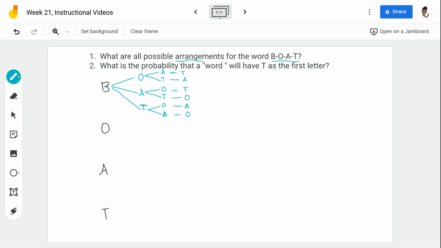Okay? So let's think what we have so far. We have BOAT, BOTA, BAOT, BATO, BTOA, and BTAO.